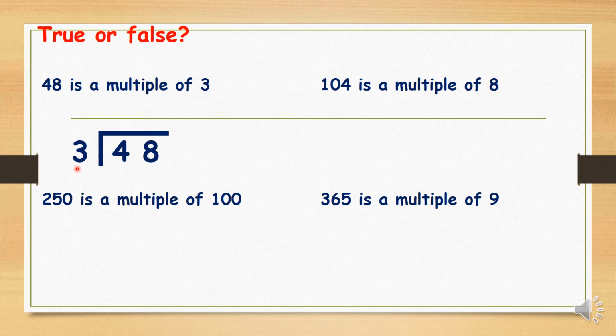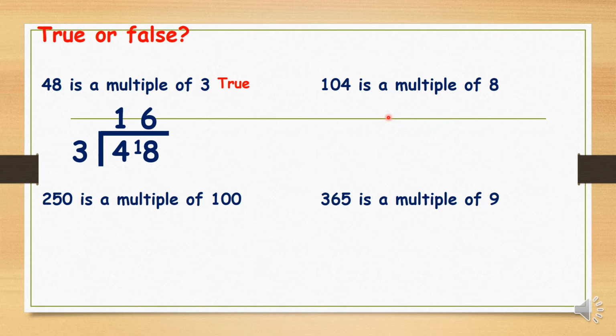So here we are dividing 48 by 3. 3 into 4 goes 1 time, and it leaves a remainder of 1. 3 into 18 goes 6 times. Is there a remainder? No, there isn't. Can 48 be divided exactly by 3? Yes, it can. The answer is 16 with no remainder. Therefore, this statement is true.